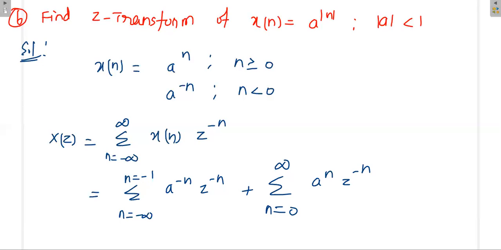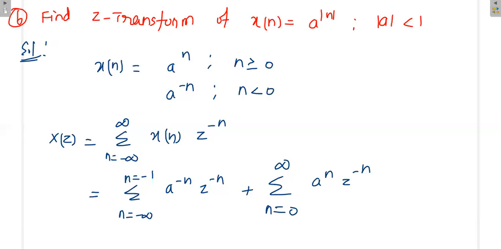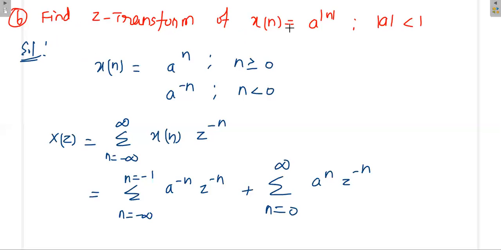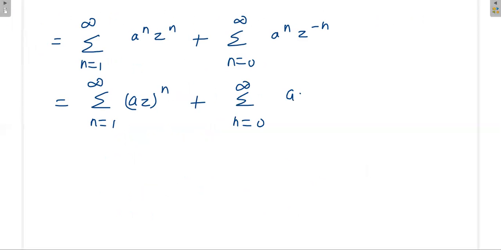That means summation n equal to 1 to infinity, (a z) whole power n, plus summation n equal to 0 to infinity, (a z inverse) whole power n.